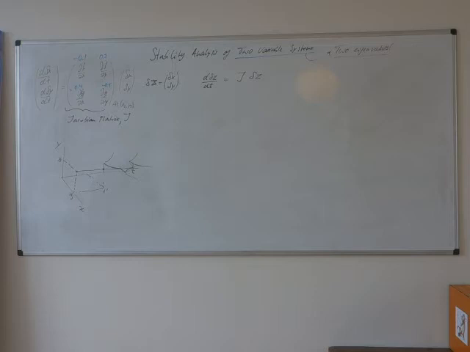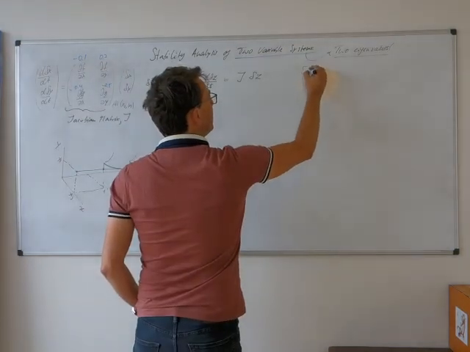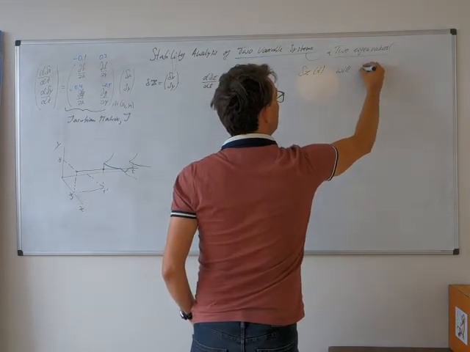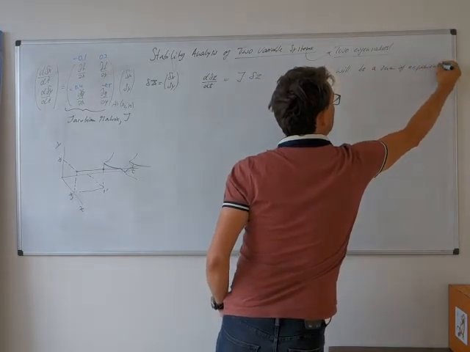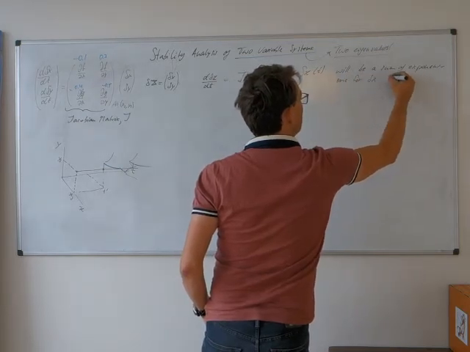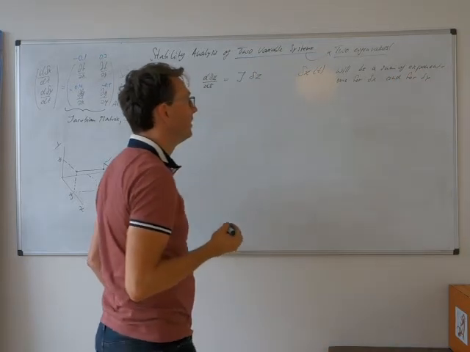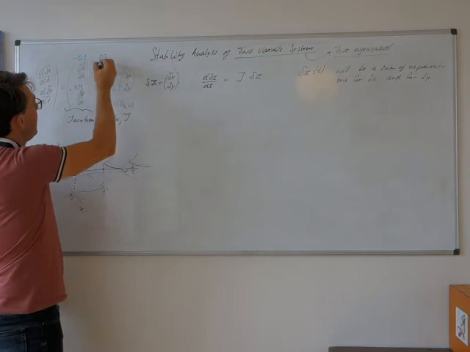And considering our experience with systems that are given small perturbations, then we expect that the solution, so that delta z as function of time, will be a sum of exponents. One for delta x, and one for delta y. And the reason why we expect that is that if you give these small changes, it is the linear behavior.